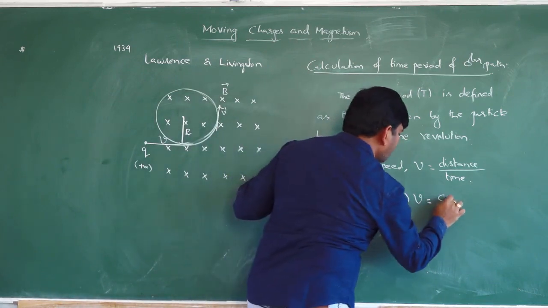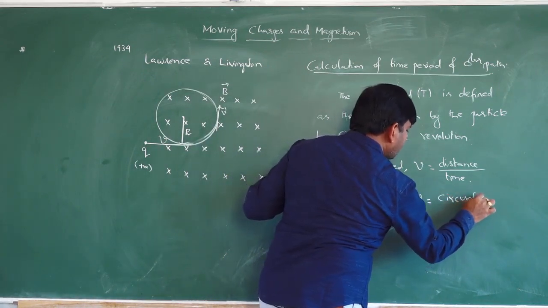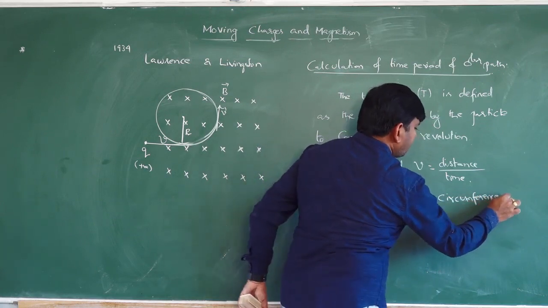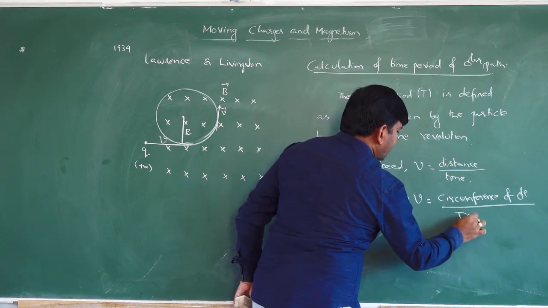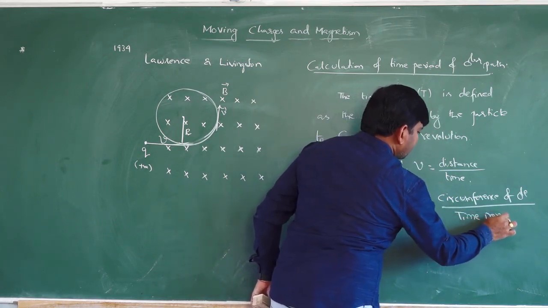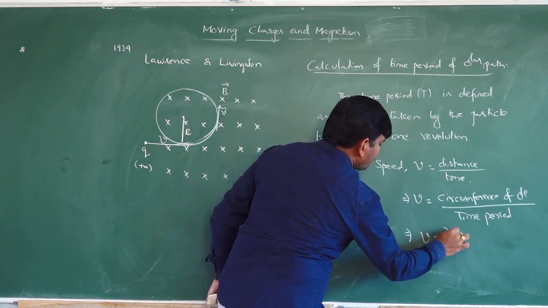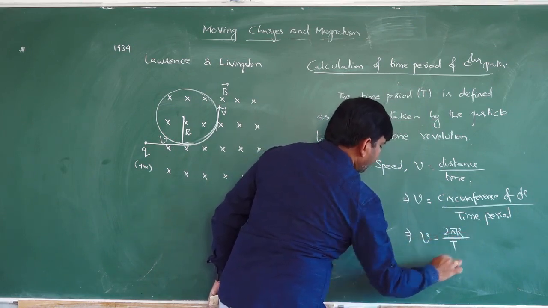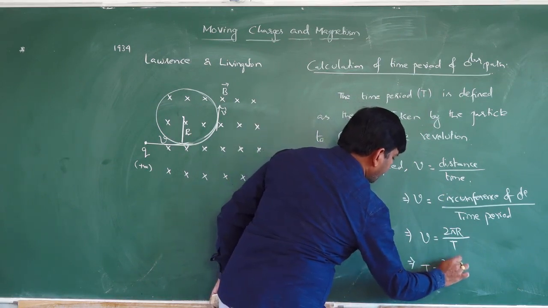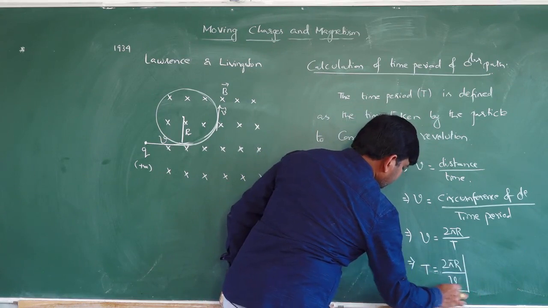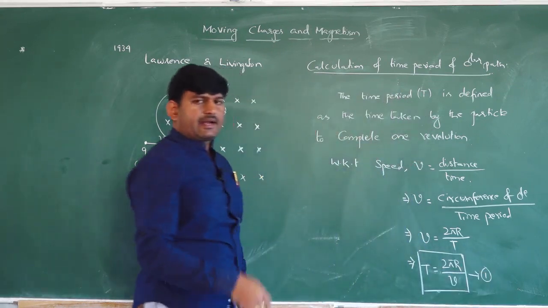So v is equal to the circumference of the circle divided by the time period. This implies v is equal to 2 pi r divided by capital T. This implies the time period T is equal to 2 pi r divided by v. Let me take it as equation 1.